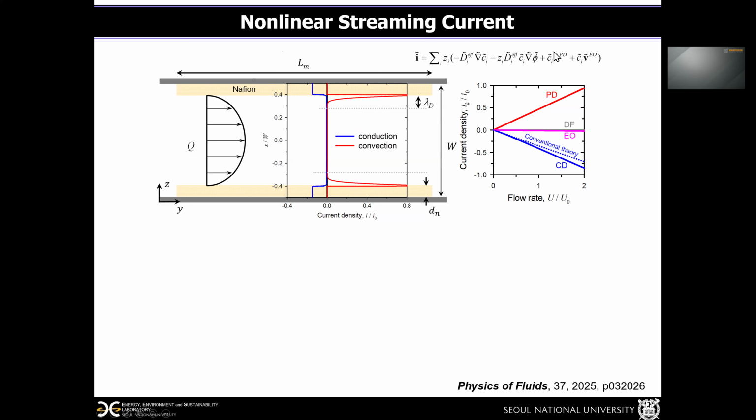And this one is pressure driven, which is the main contributor. And the last one is electroosmotic flow against this convective flow.